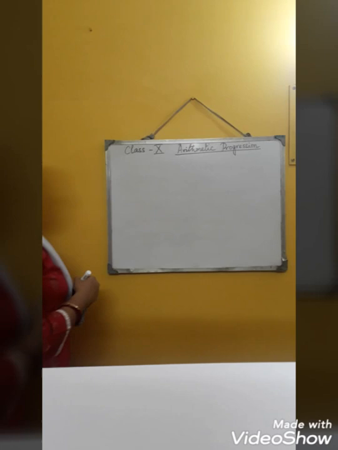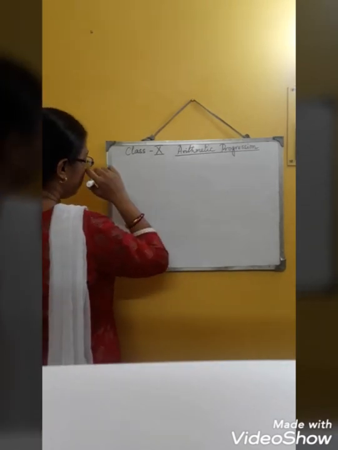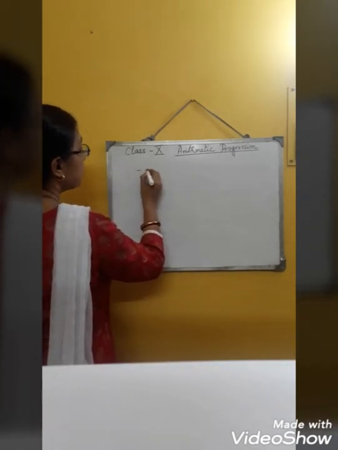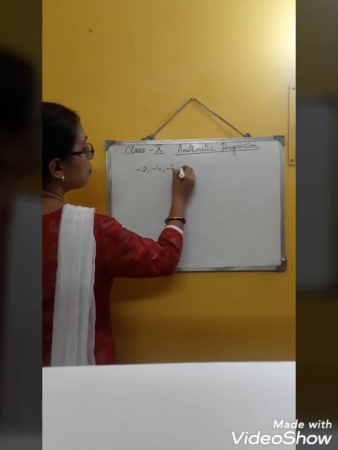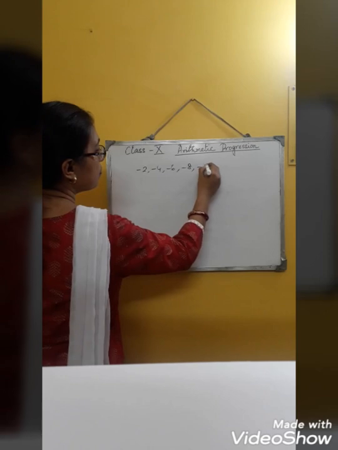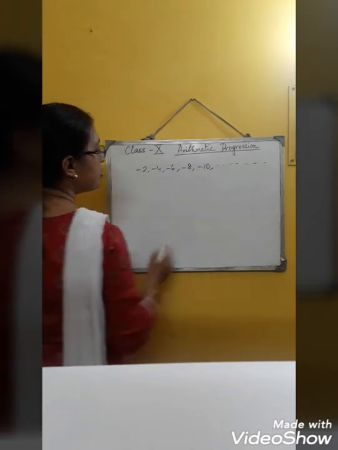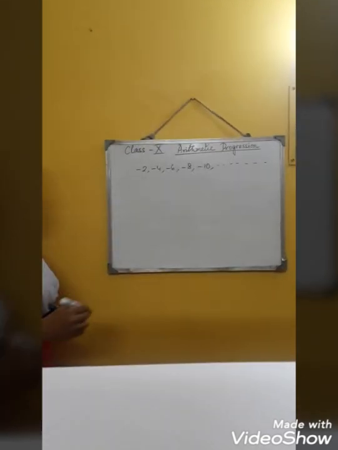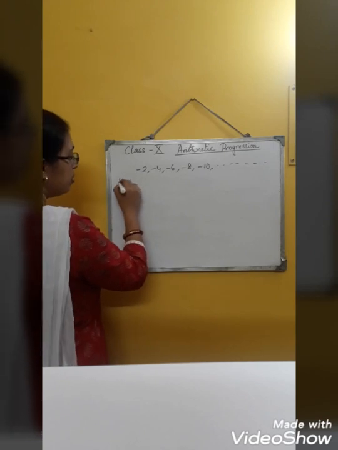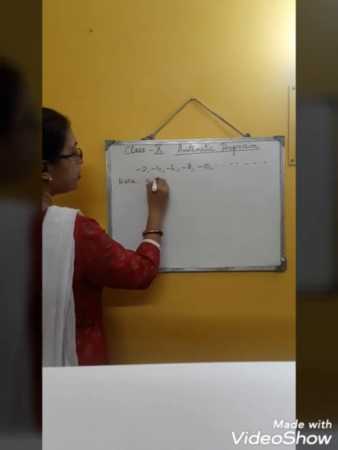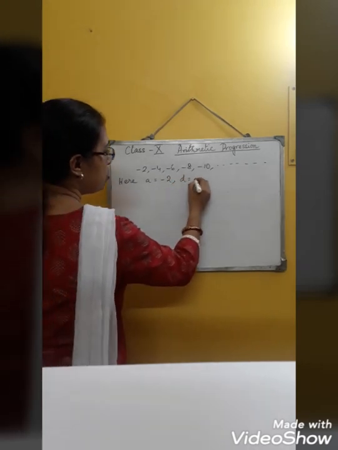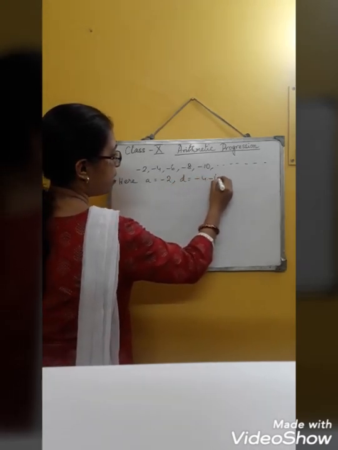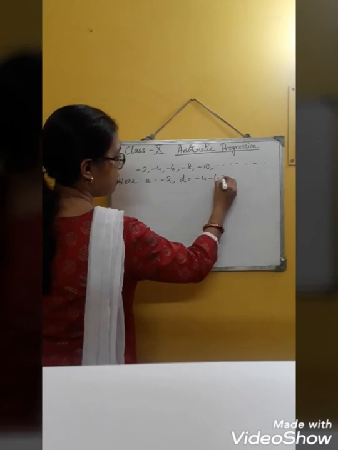Okay, next if I give you a series like this, yes, this is also an AP series. So here a is equal to minus 2, d is equal to second term minus first term.